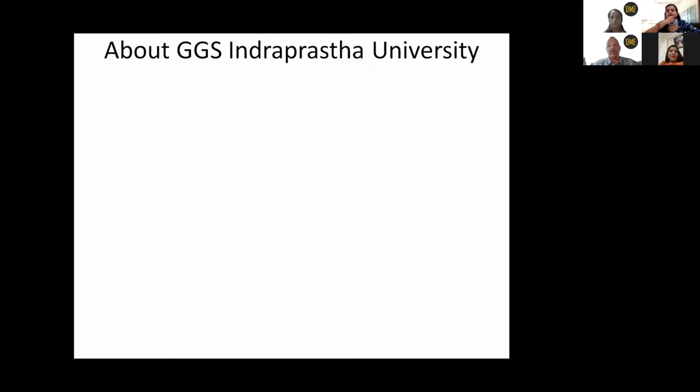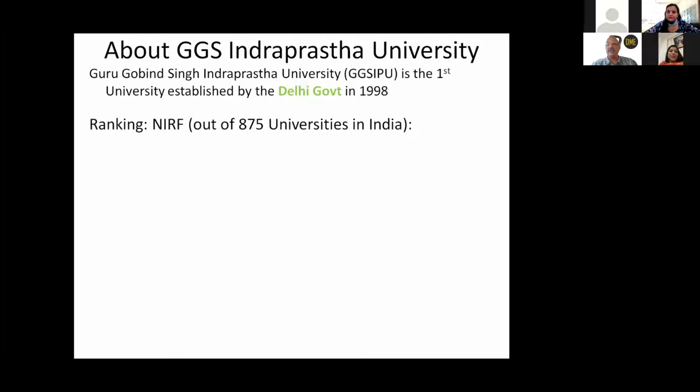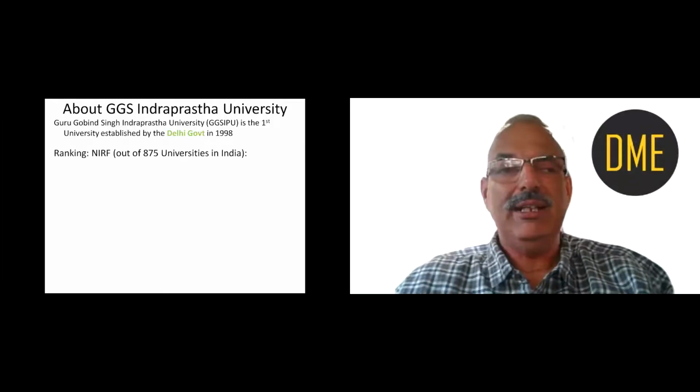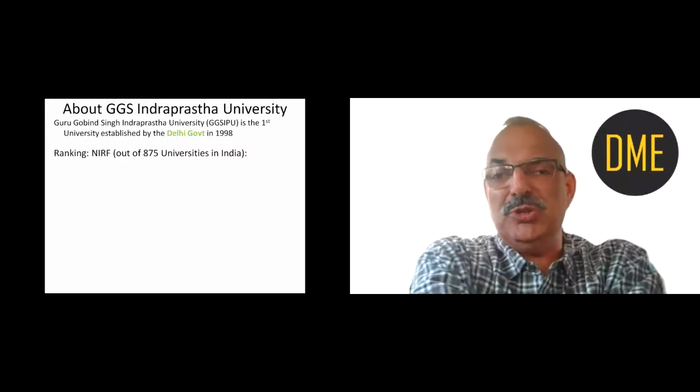So at the outset, IPU is a university established by the government of Delhi soon after Delhi became a partial state. It was established in 1998. Then talking about the rankings, yes, ranking is something which is debatable, questionable, sometimes controversial also.